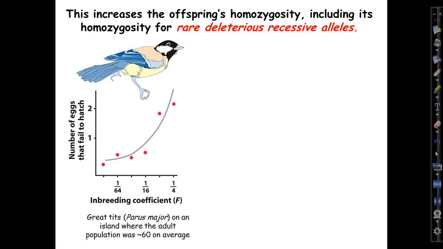That process increases homozygosity, as we said, including homozygosity for rare deleterious recessives, and there's lots and lots of evidence showing that that is bad for fitness.